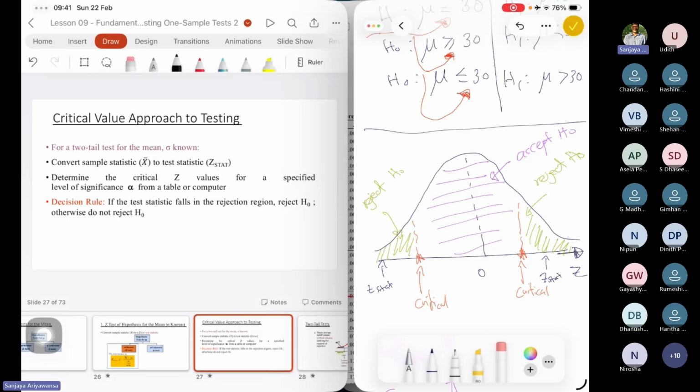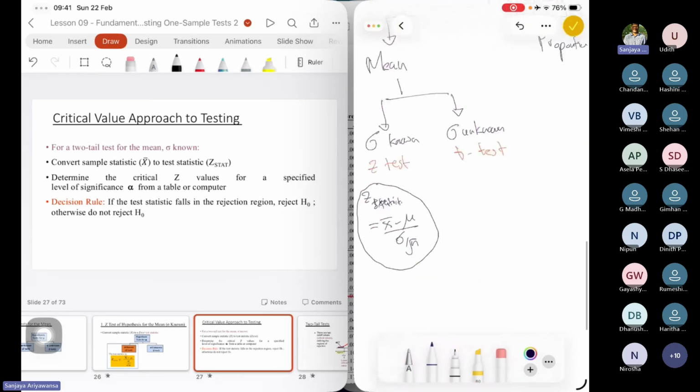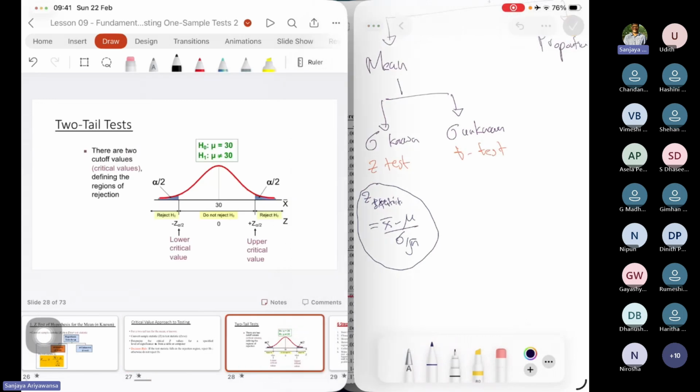But if your test statistic falls somewhere in this region or this region, then we accept our H naught. We don't reject our H naught. So that's the main thing that we're using.